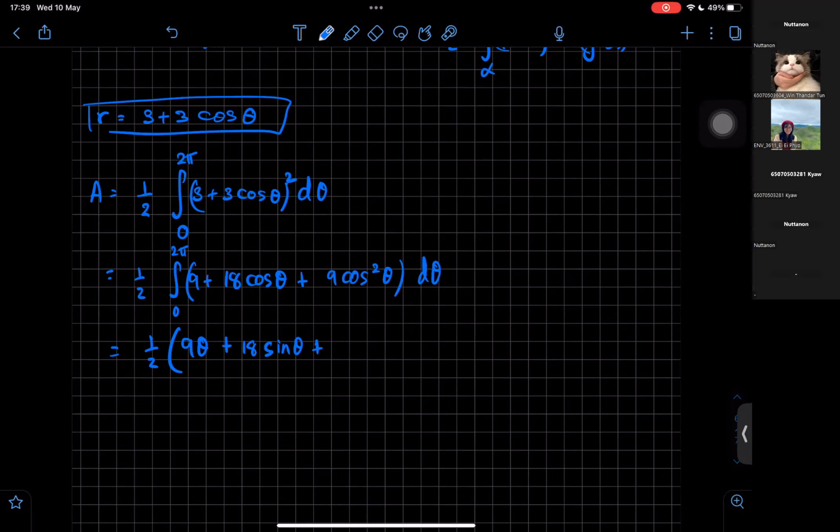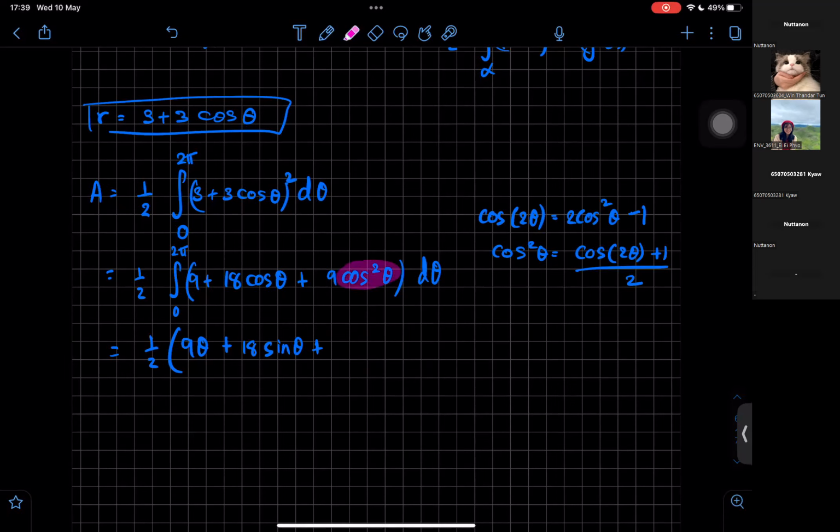I need to use cos of 2 theta equals 2 cos squared theta minus 1, so cos squared equals 1/2 plus cos 2 theta over 2. I change this one first.